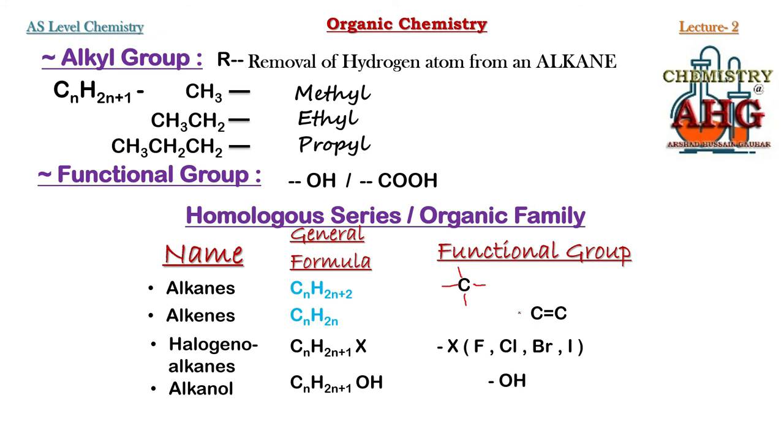And the last homologous series, or organic family, in your syllabus, which we will discuss in detail, is carboxylic acid, also known as alkanoic acid. What is the functional group of carboxylic acid? Its functional group is carboxyl, COOH. So the general formula would be CnH2n+1COOH, and carboxyl is the functional group.